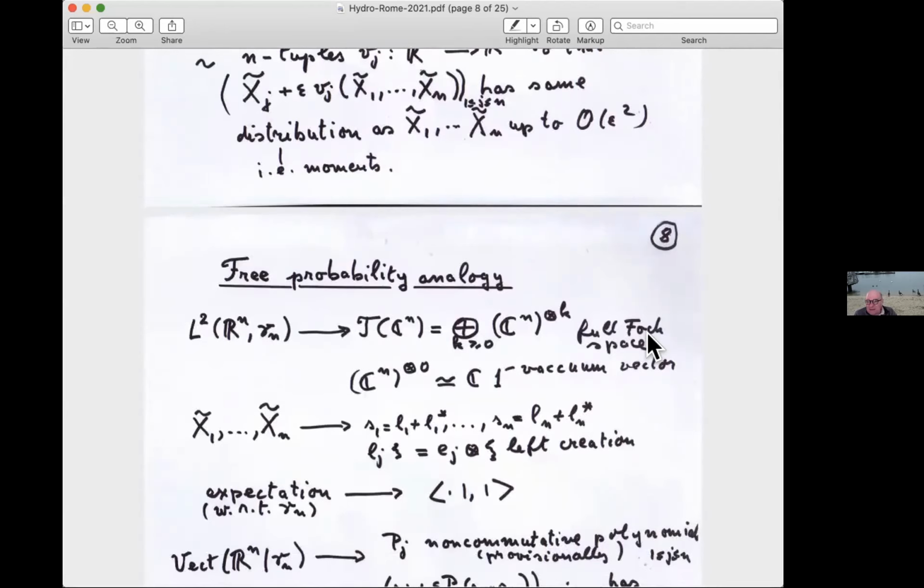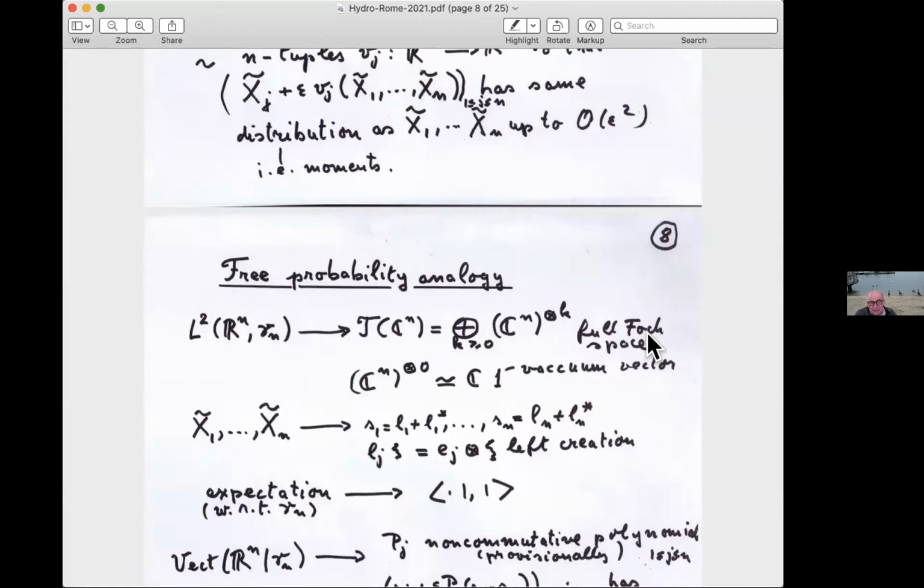So the replacement for the L2 space of Rn with respect to the Gaussian measure will be the full Fock space on Cn. So it's a tensor algebra of Cn with the scalar product, which is the Boltzmann-Fock space scalar product.